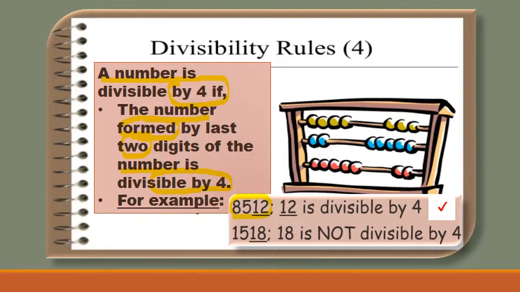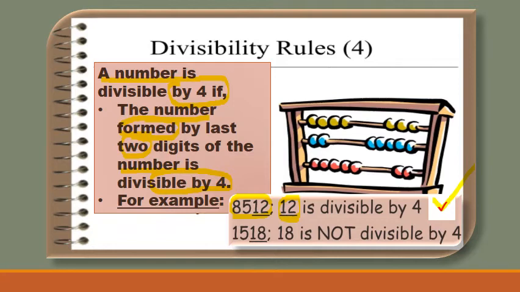Look at the tens and the units digit. The number formed is 12. Is 12 divisible by 4? Yes, it is divisible by 4. 12 divided by 4, we will get 3. Therefore, 8512 is divisible by 4.